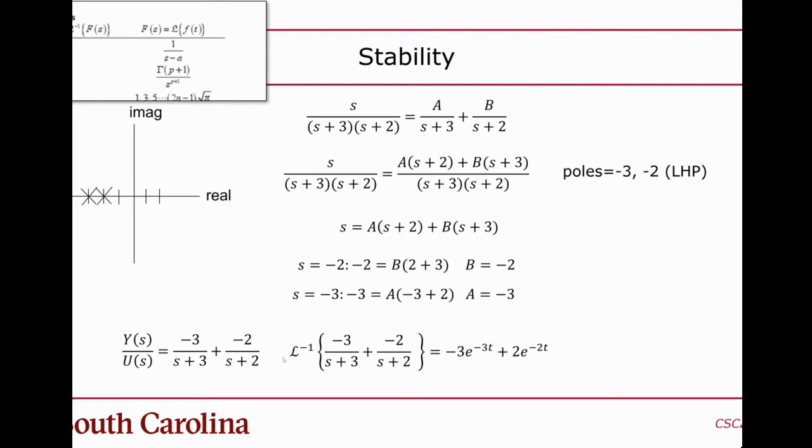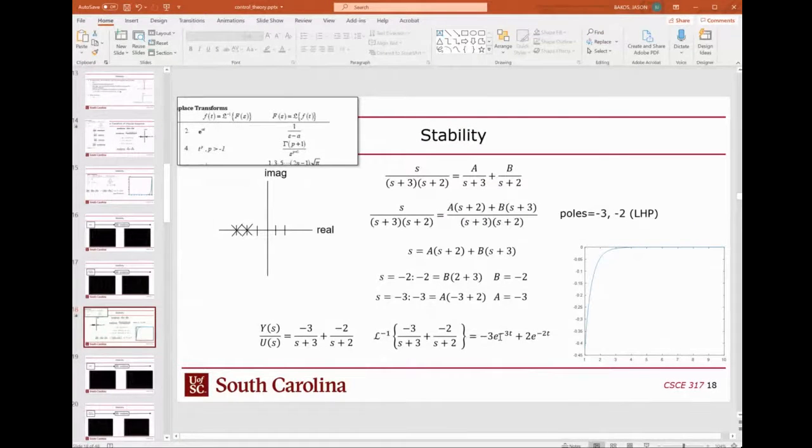And then I do the inverse Laplace transform, and I get -3 times e to the -3t plus -2 times e to the -2t. I think I screwed that up, actually. Sorry, I'll have to double check that, make sure I did that right. But yeah, that looks right.